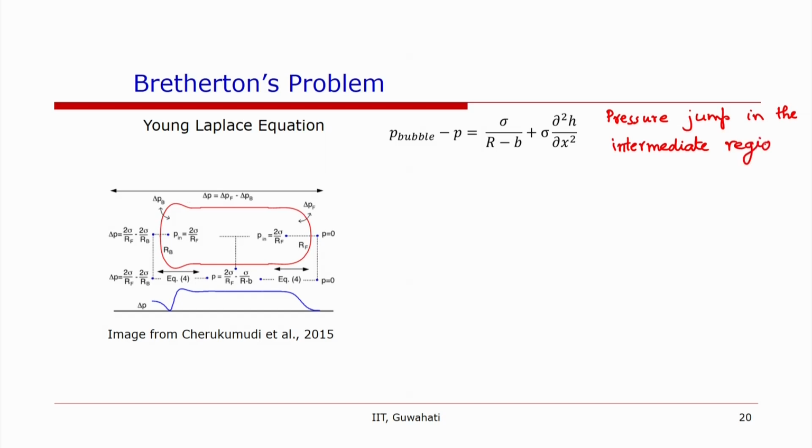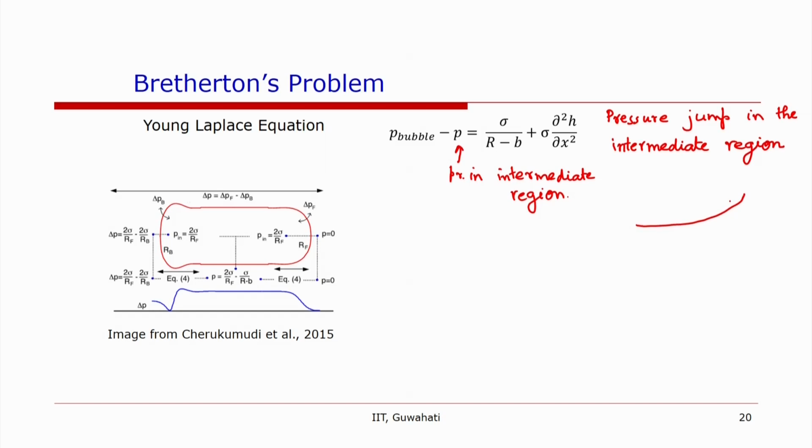So in this intermediate region, P bubble minus P is the pressure in the intermediate region, or the region where we are looking at the flow or where we are analyzing the flow, is equal to, so this will be sigma over r minus b, so this will look something like this.